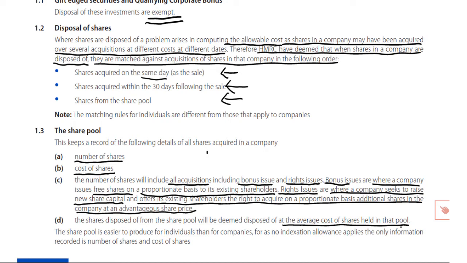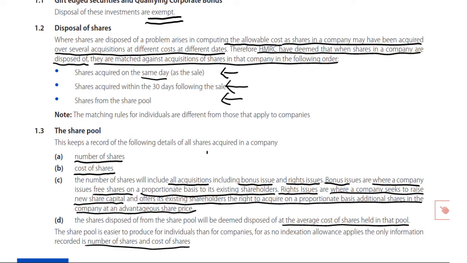Now, this share pool is an easy thing to establish so far as an individual is concerned, because it is just listing out the number of shares acquired and the cost of shares. That exercise becomes a little bit more interesting when dealing with corporate tax and chargeable gains, where you have to compute and put together a share pool. But for companies, as we mentioned, we don't yet know what it is.